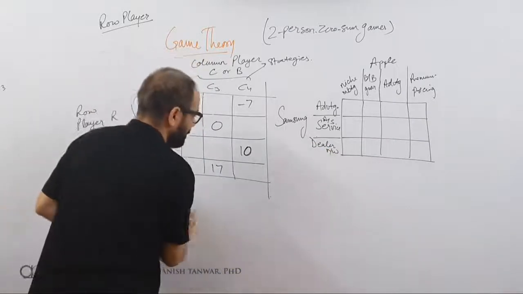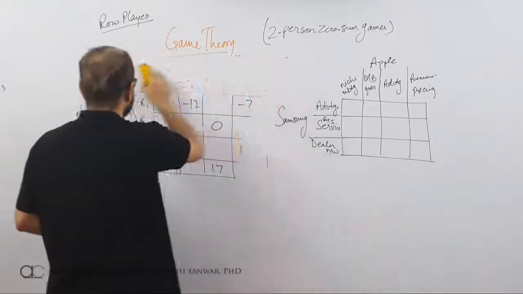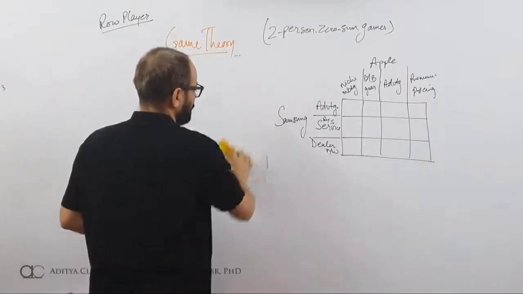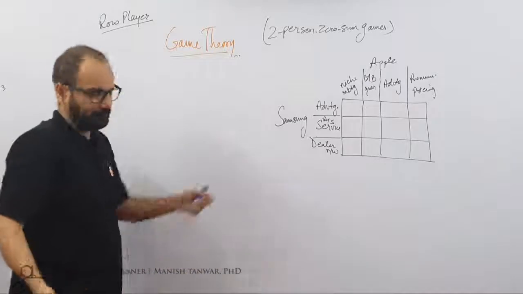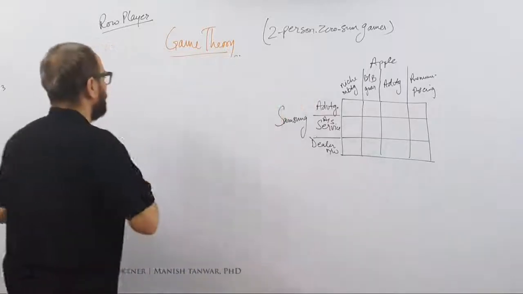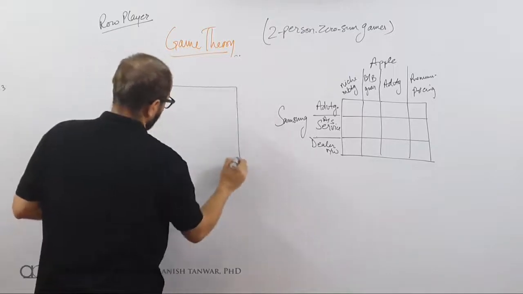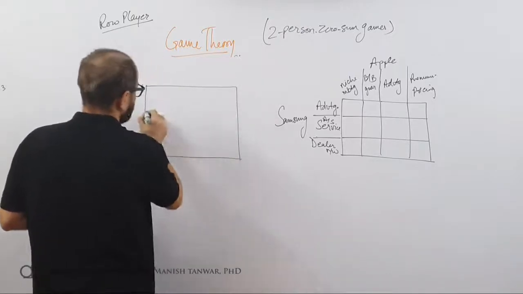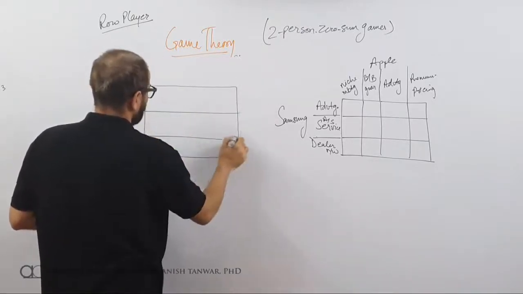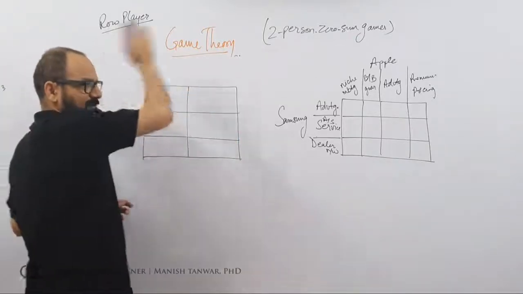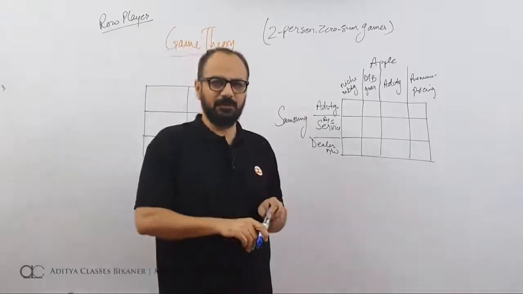Let me take another example to make things clear, how these strategies work, how these play. This is a business example. We'll take a cricket example. As we talked, it is not at all necessary that the number of strategies for the row player and column player will be equal.